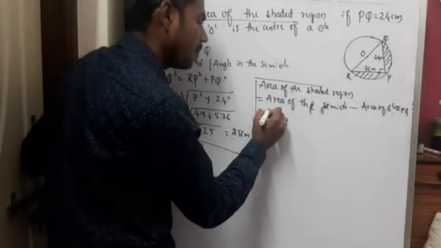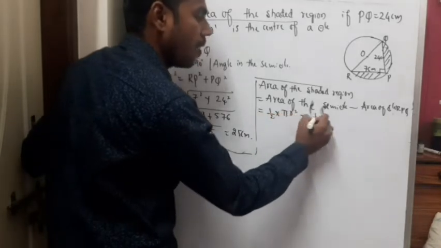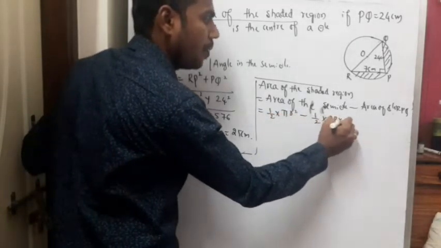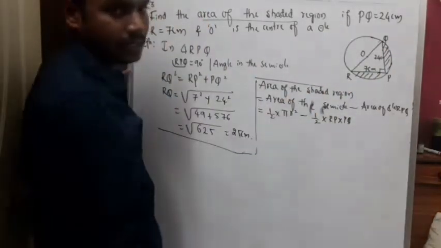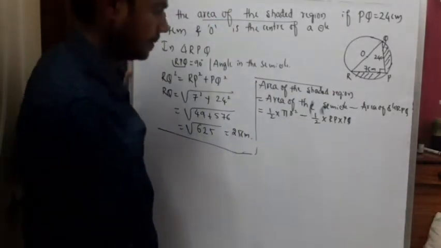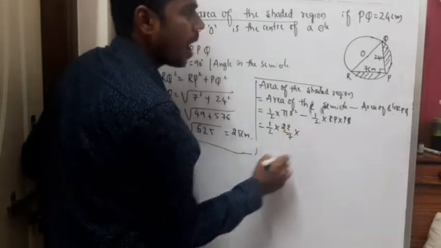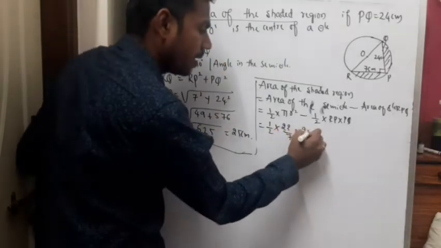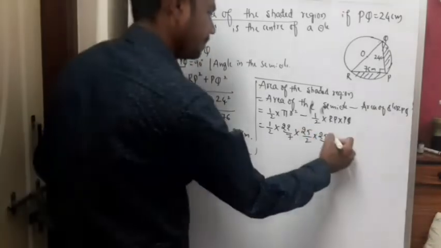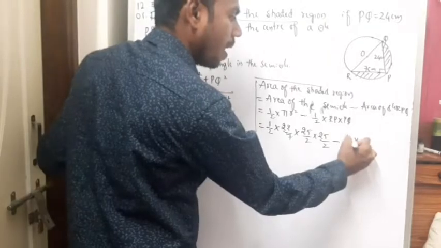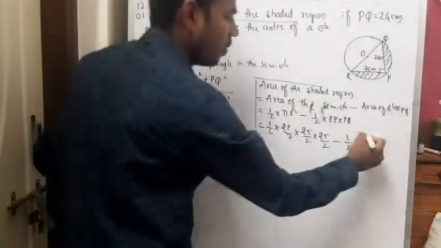Pi r square by 2. So 1 by 2 pi r square minus half into RP into PQ, base into height. Since it's a right angle triangle, one leg will act as a base, other leg will act as a height. 1 by 2 into 22 divided by 7. R is nothing but 25 divided by 2 into 25 divided by 2, minus 1 by 2 into RP, which is 7, and PQ, which is 24.